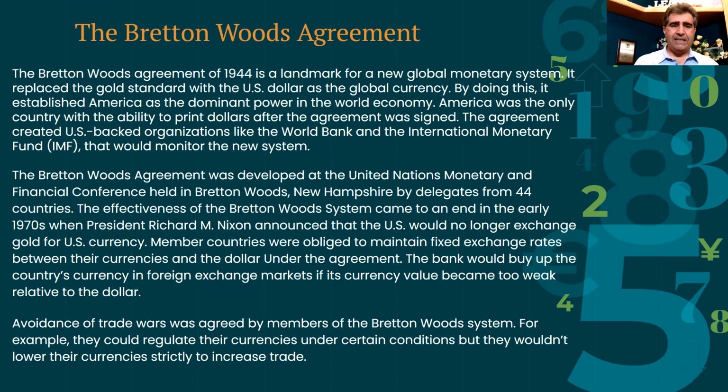They decided to replace the gold standard with the US dollar as the global currency. The US was the most stable economy in the world. By doing this, they really gave America that dominant power in the world economy.